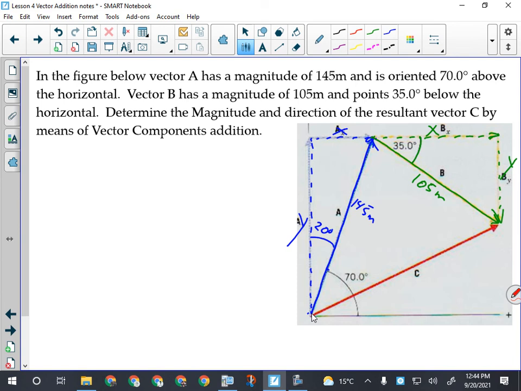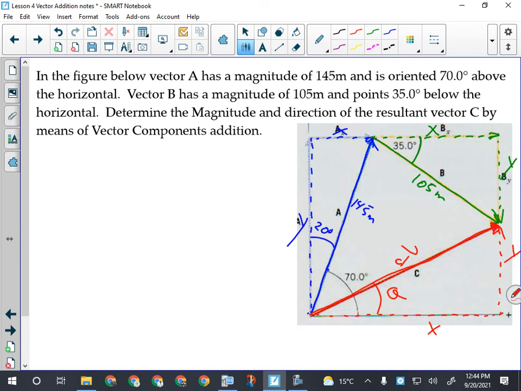So then they drew this line here, and they said, okay, this line represents the overall displacement. It has an x, a y, and a vector. And I don't know any of them yet.